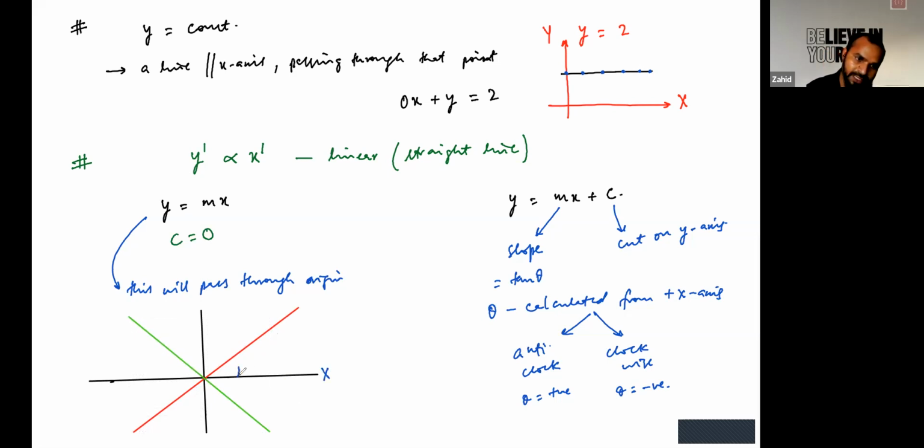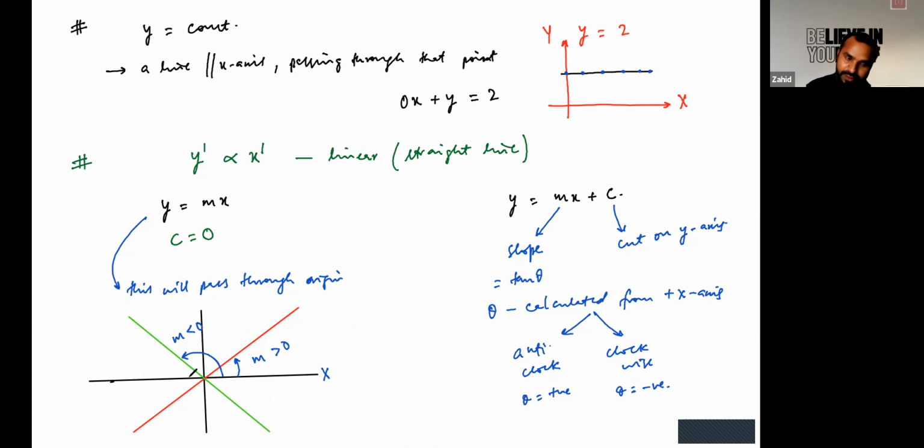So the inclination of this line is from this point to this point, and the inclination of this particular green line would be from this point to this point. This is your acute angle for which tan theta is positive, and this is your obtuse angle for which tan theta is negative. So the slope of this red line would be positive and the slope of this green line would be negative.